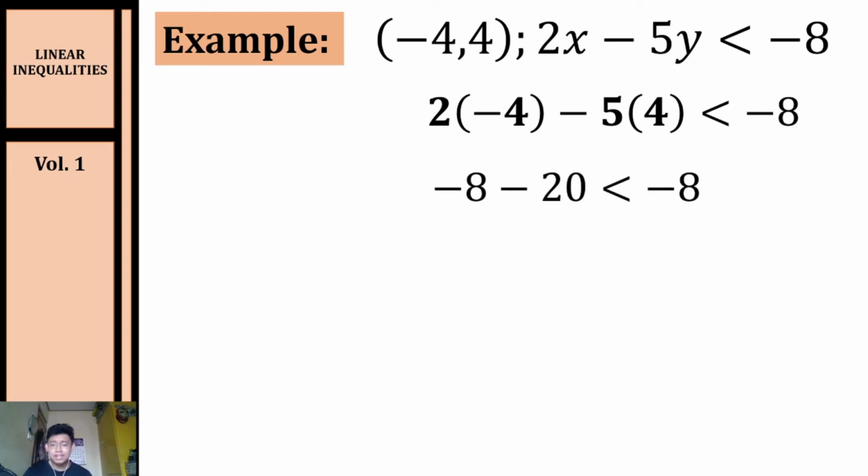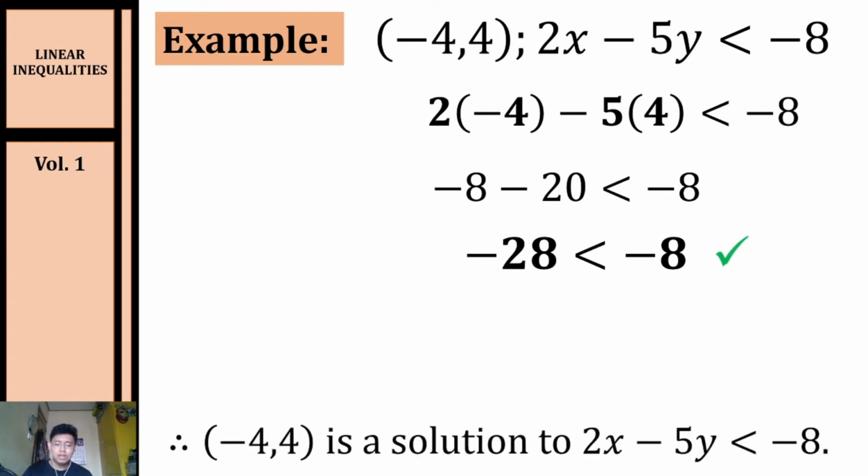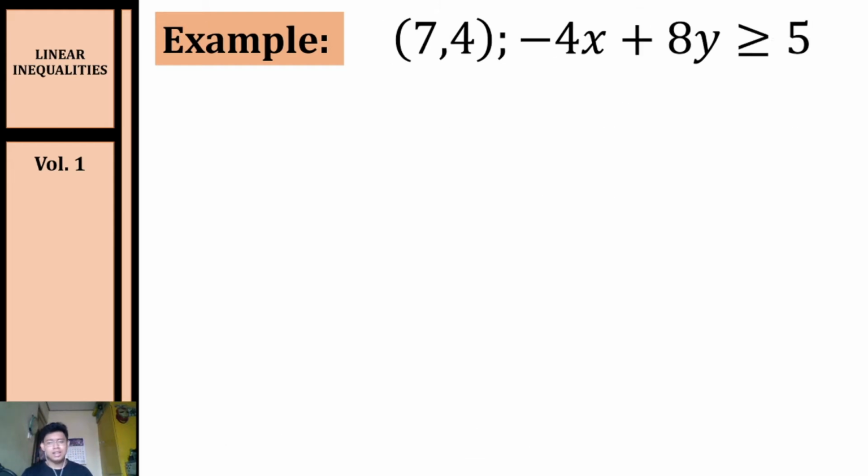We will have -8 minus 20. Is it less than -8? Let's combine like terms. We will have -28 is less than -8. Is this true? Yes. So, we can conclude that the coordinate is a solution to the inequality 2x minus 5y is less than -8.